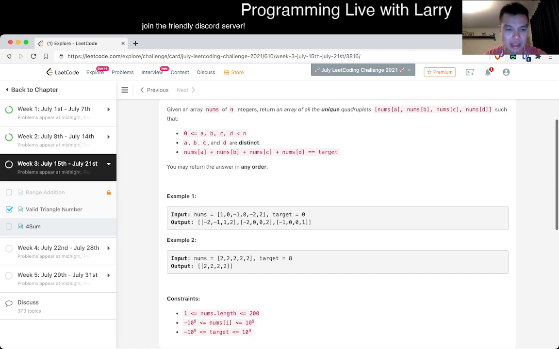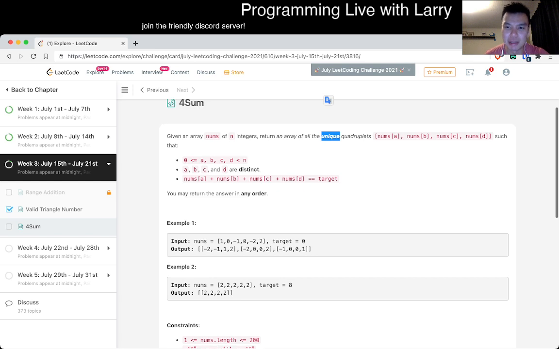Oh, it has to be unique as well. What does a unique quintuple mean? Okay, A, B, C, D are all distinct. Oh, the indexes A, B, C. Well, yeah, they should be distinct. I think this one is a little bit underspecified, to be honest, in that there is some ambiguity as to what unique means.